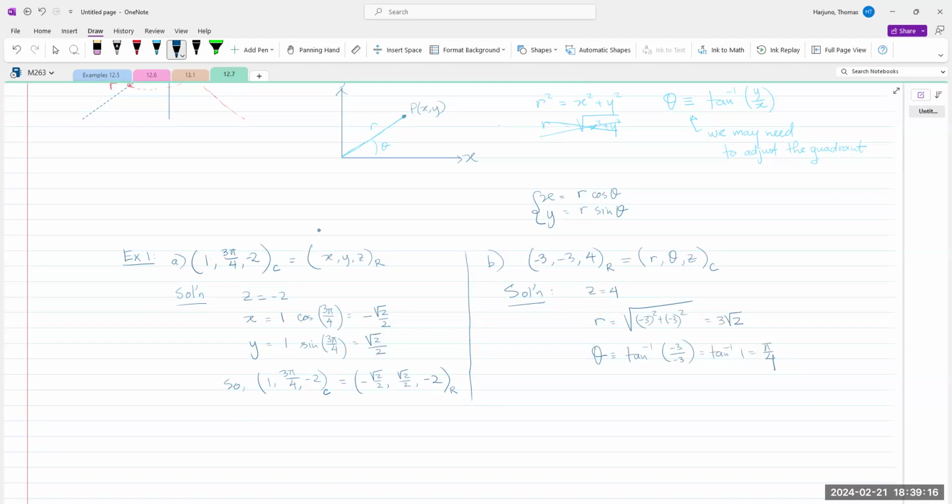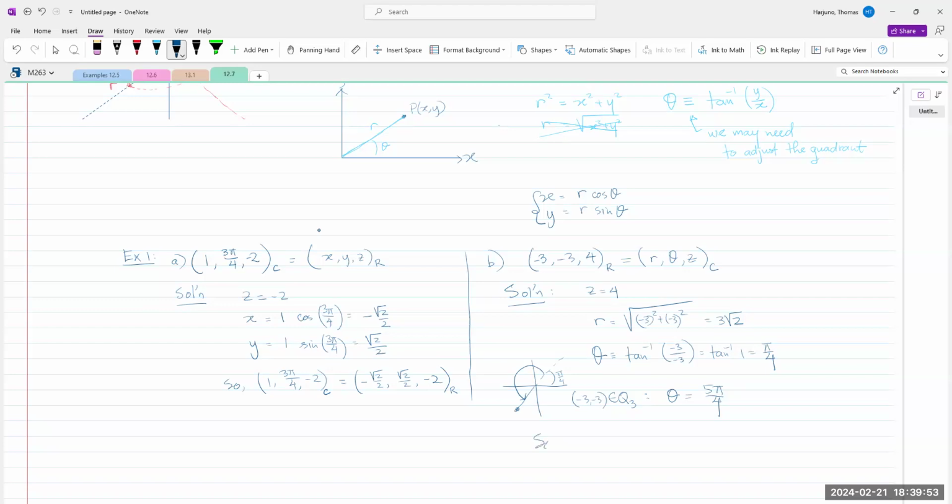Now, the problem is, however, (-3, -3) is located in quadrant 3, not quadrant 1. So we need to adjust our theta. Originally pi over 4 here, but we need to send it to quadrant 3. So theta equals 5 pi over 4. We need to adjust that.